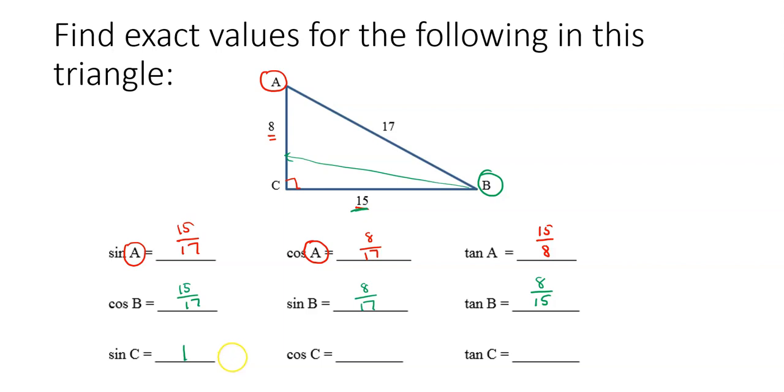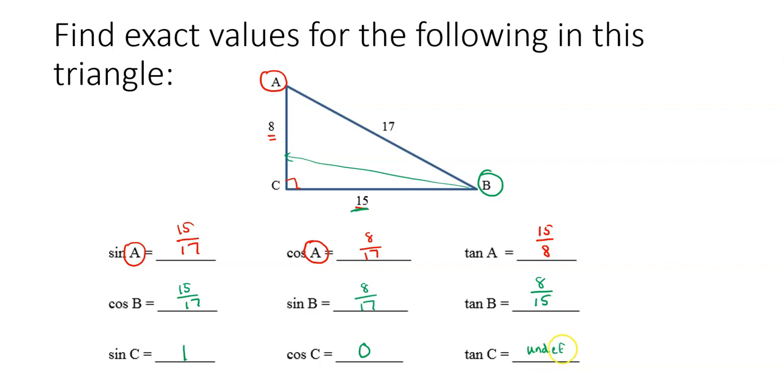The cosine of angle C, well, the cosine of 90 degrees is actually 0. And there's no nice trig definition like what's the adjacent side to C. There's two adjacent sides. Eventually we're going to find out why this is the case. And then tangent, when we say opposite over adjacent, well, the opposite leg is the hypotenuse.